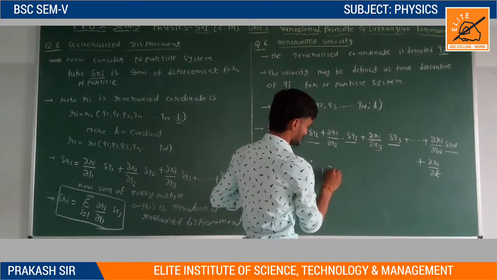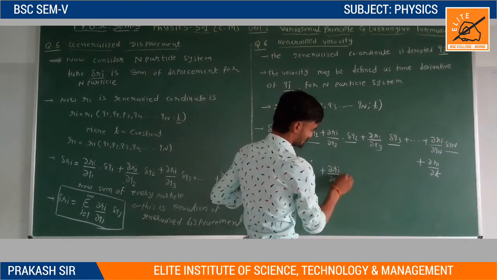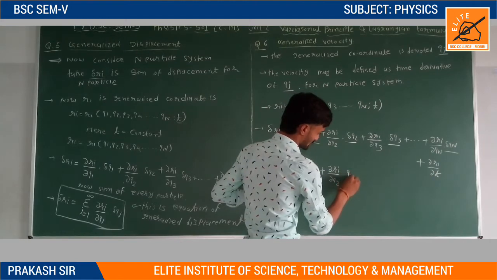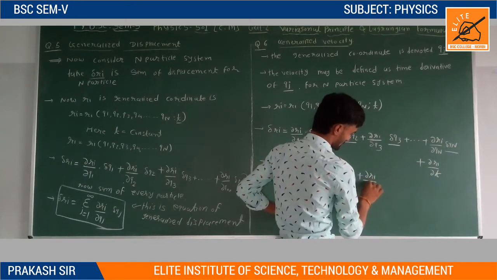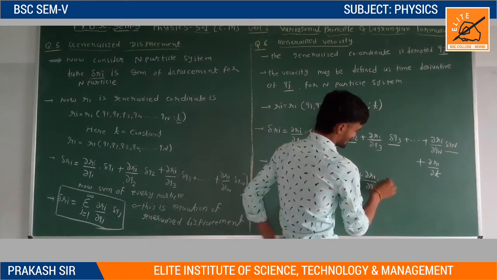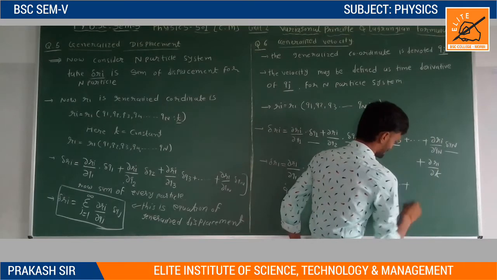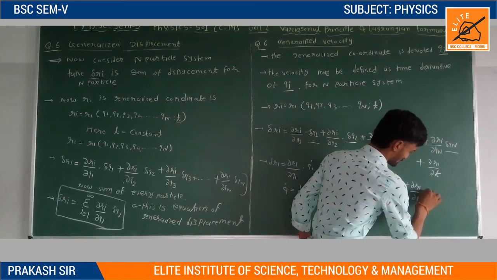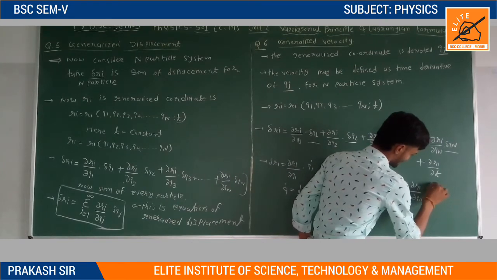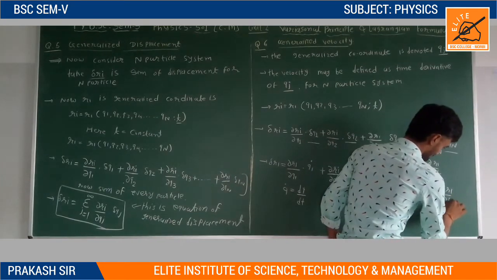Plus the second term, del Ri by del q2 into q2 dot, plus del Ri by del q3 into q3 dot, plus del Ri by del qn into qn dot, plus del Ri upon del t.